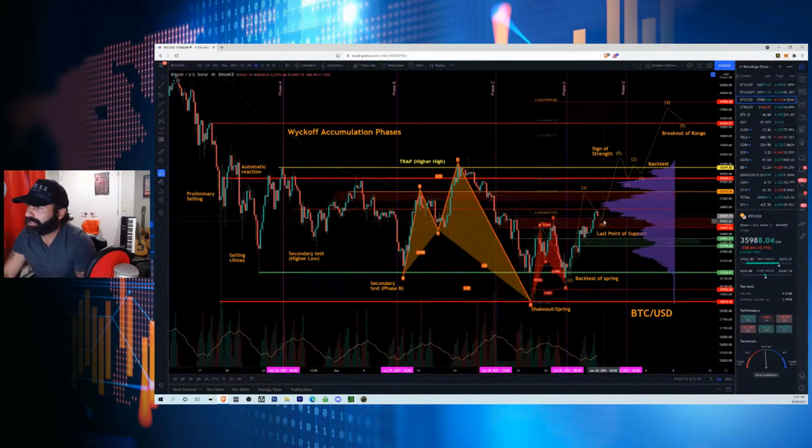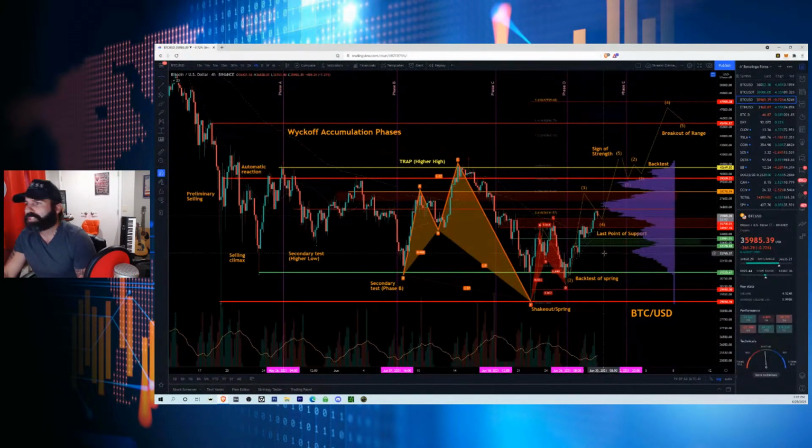Now we want to back test it as support, giving swing traders, or short-term traders even, another chance to take a long position here with a price level to lean on, right? If you're taking a position here, after we find support, you put your stop loss underneath that. And then the idea is, in theory, we would continue on up to the top of the zone one more time like we did here before.